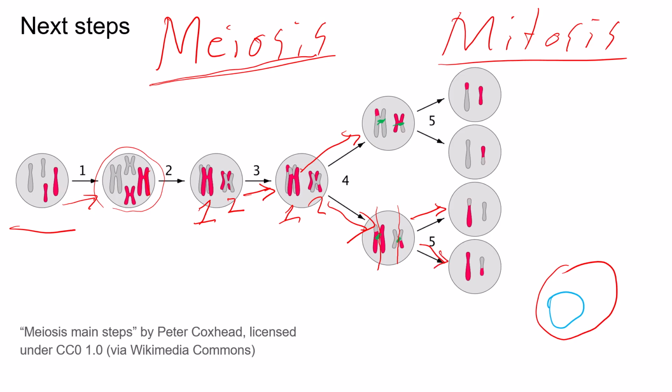So I guess the first time when they were split, one set of chromosomes goes to one cell and one set goes to the other. And then the set split in half, and one sister chromatid goes here and the other sister chromatid goes there.